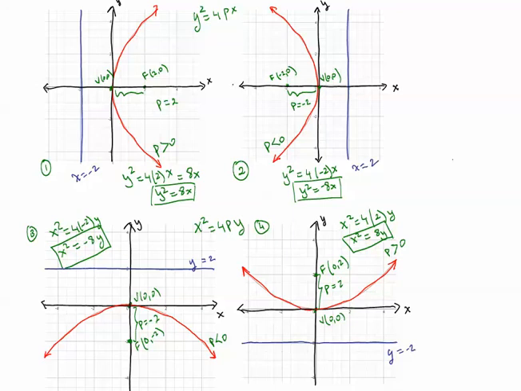If it opens toward the negative side of x, p is negative, and therefore y squared equals negative 8x. And the same way when it opens up or down: down means p is negative, so you have x squared equals negative 8y, and when it opens upward, p is positive, so you have x squared equals 8y.